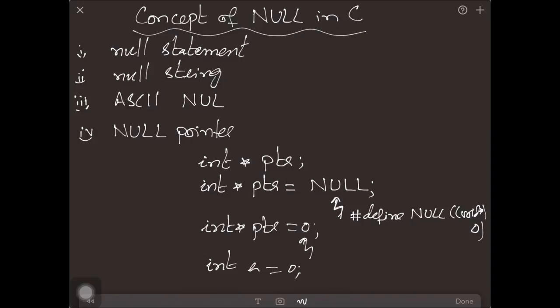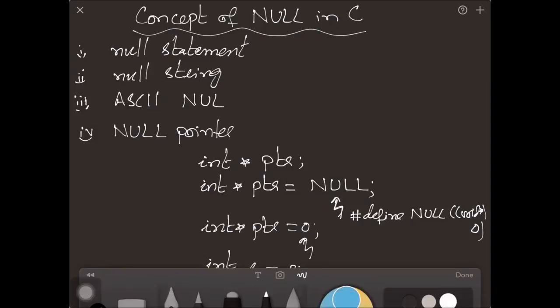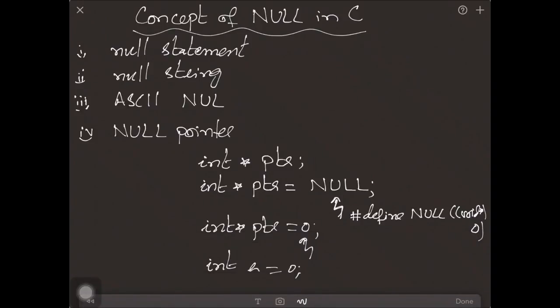One more thing that you might come across later is something like this: if (ptr) then this, else this. Well, gentlemen, if this ptr contains NULL, it will be interpreted as binary 0, which represents false in C. So therefore, if this contains NULL, the else portion will be executed.